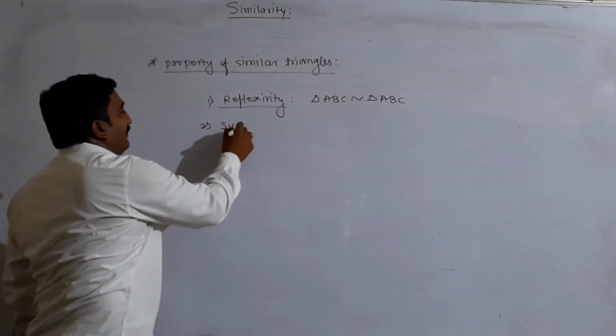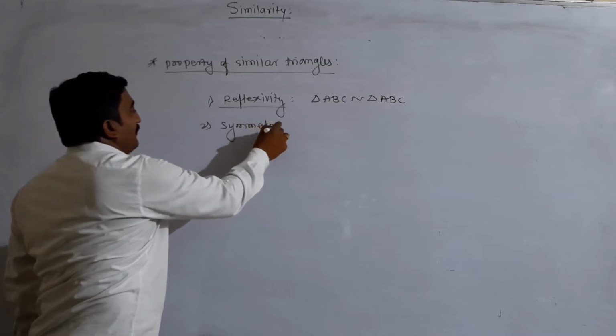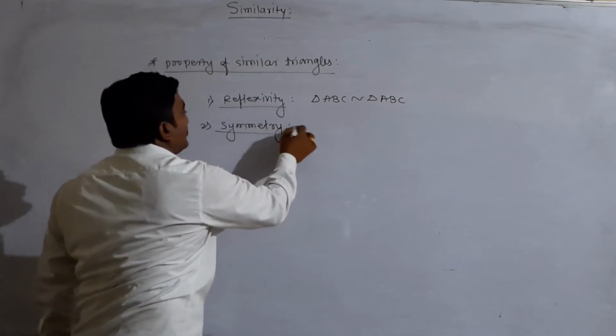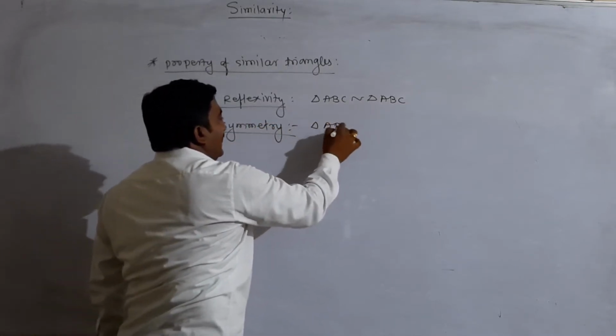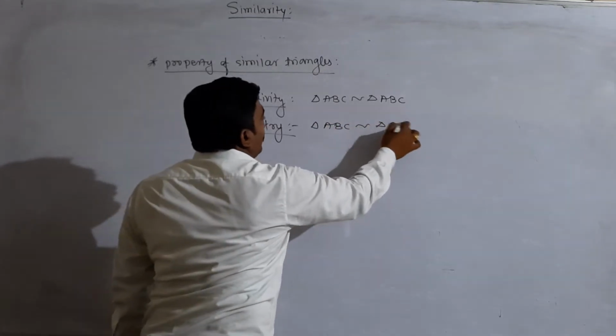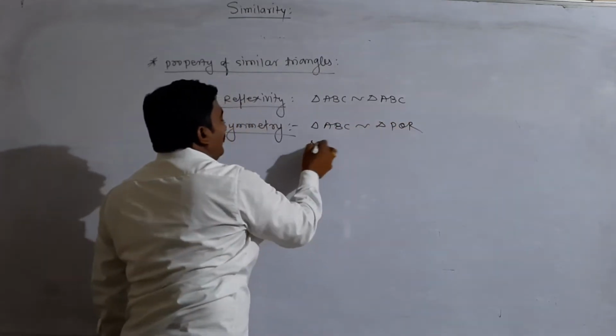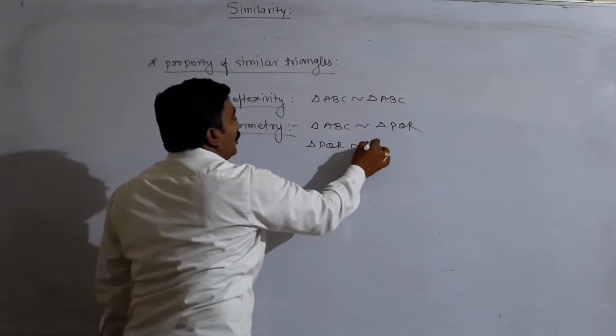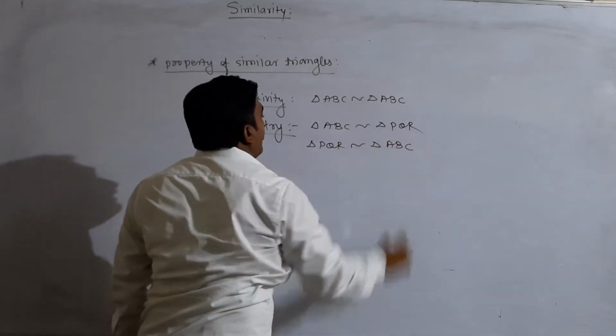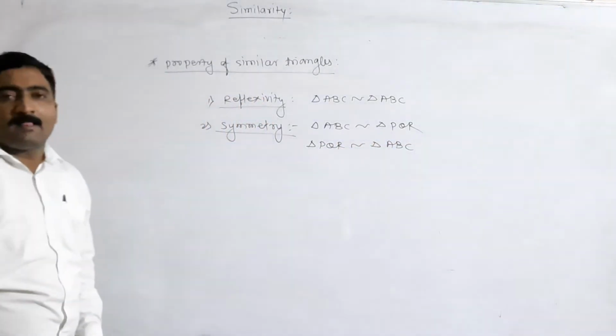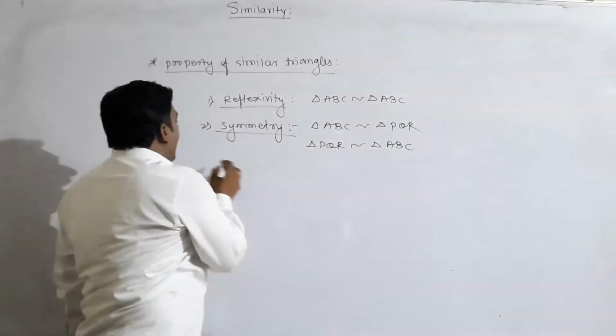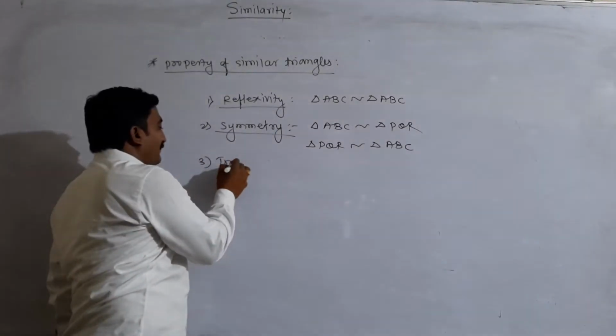Second, symmetry. Symmetry means if the first triangle is similar to the second triangle, then the second triangle is similar to the first triangle. And third is transitivity.